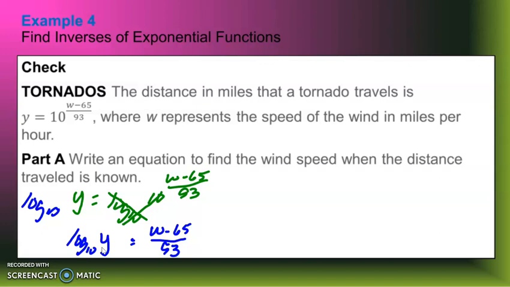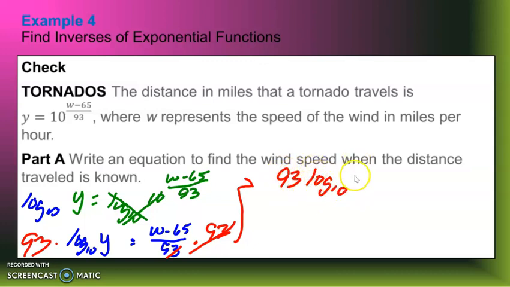Now, to get w by itself, I need to first get rid of my denominator. So I'm going to multiply by 93. That gets rid of the 93 on the bottom here. Multiply this side by 93. And now I have 93 times log base 10 of y equals w minus 65.